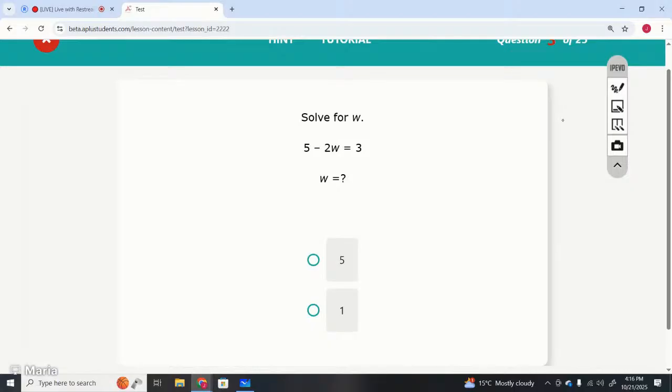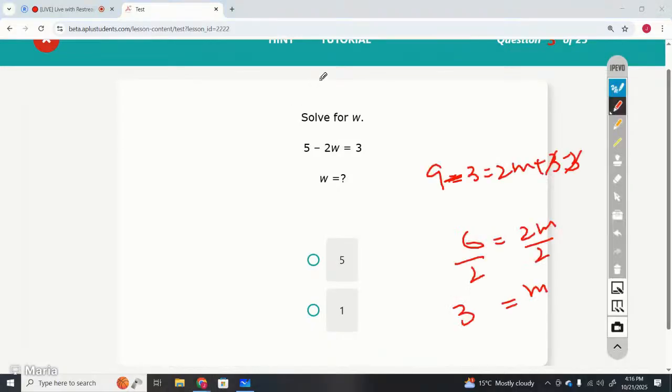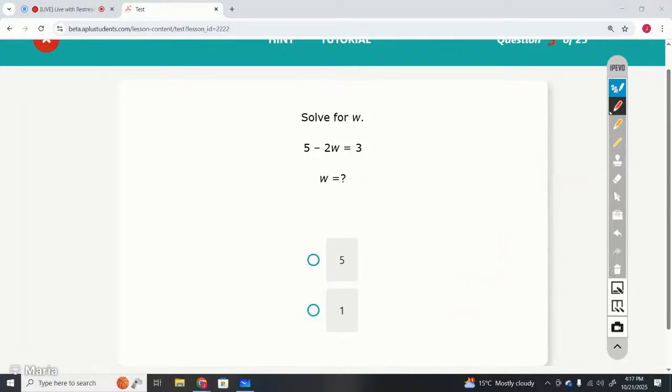5 minus 2w equals 3. So the first thing is you need to add 2w both sides.